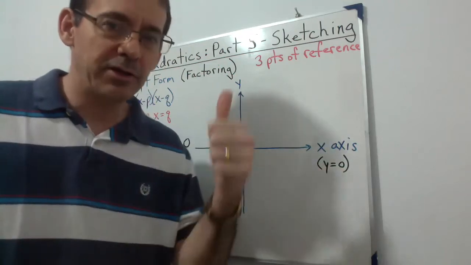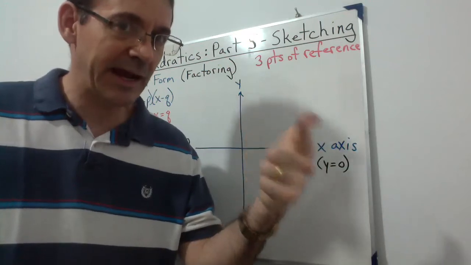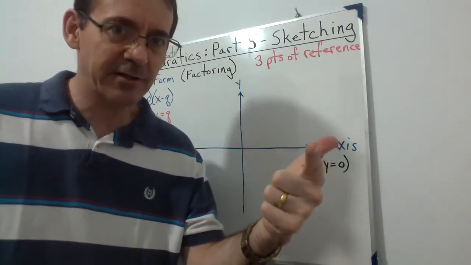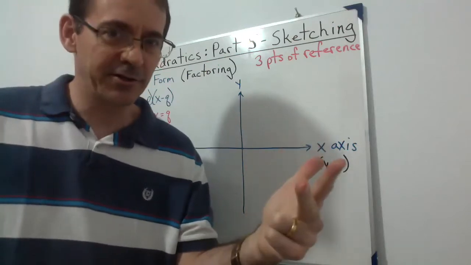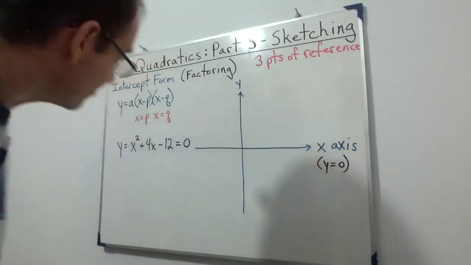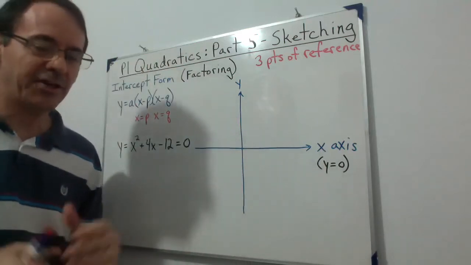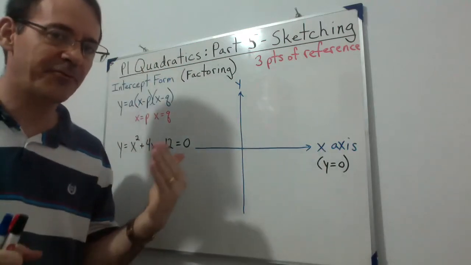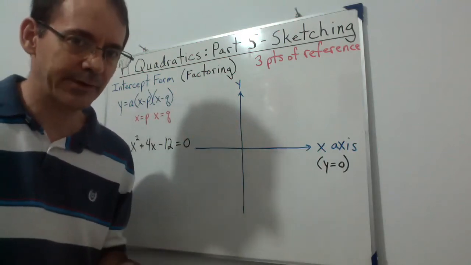So I want you to be efficient. I want you to make sure you capture the main graph characteristic, and I want you to understand what you're doing, okay? So quadratic graphing is going to depend on the form of the equation that you have, okay?